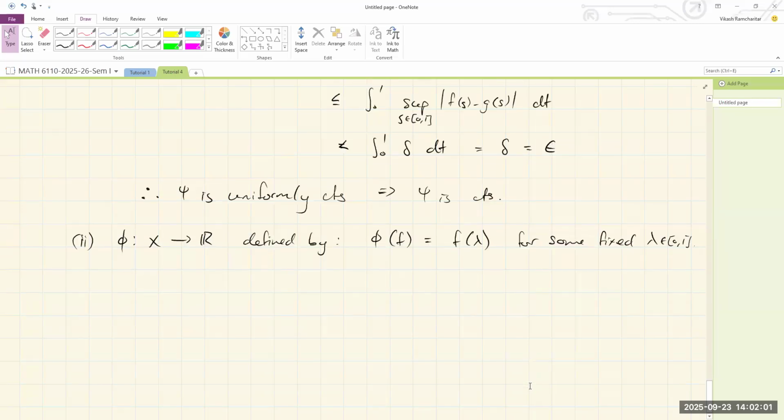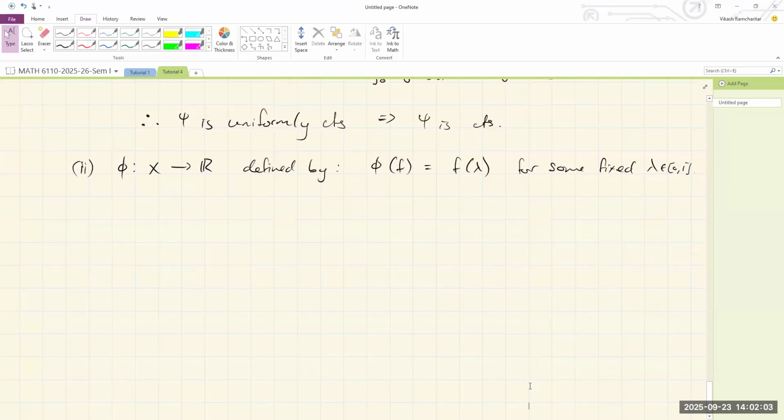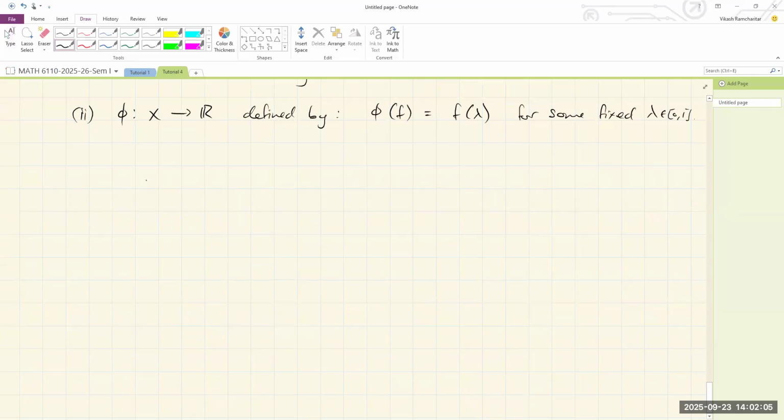Again, we can employ the same sort of strategy. Let epsilon be given, and I'm going to take delta, and I don't know what this delta will be, so I'll leave it empty, such that whenever the distance with respect to the metric on X between these 2 points, f and g, is less than delta.